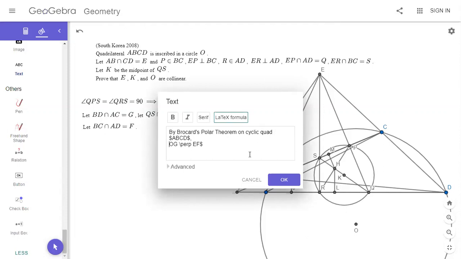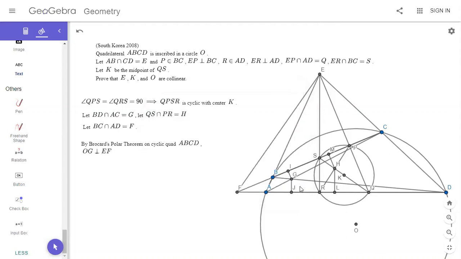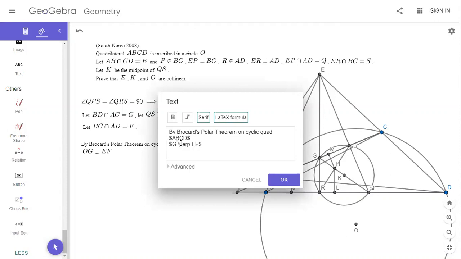Is that what I was originally thinking? Or no, we want FG perpendicular to OE, and that's also true by Brocard's polar theorem. So FG is perpendicular to OE.